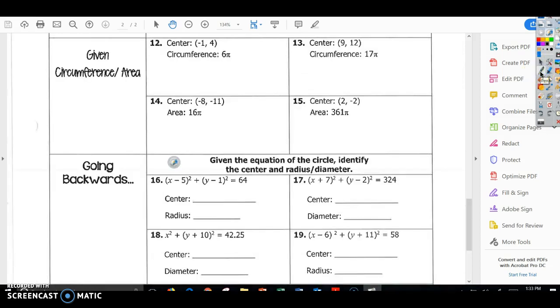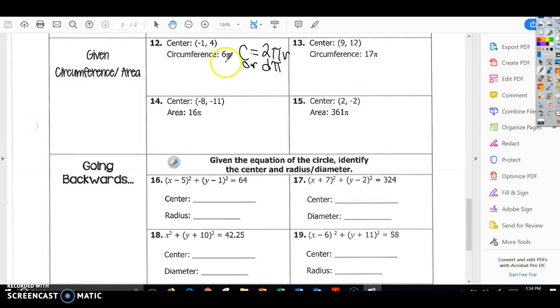All right, moving on, we're given the circumference and the area, and we're trying to still just write an equation of a circle. So we're writing equations of circles given lots of different things. All right, if you remember, circumference equals 2 pi r, or diameter times pi.